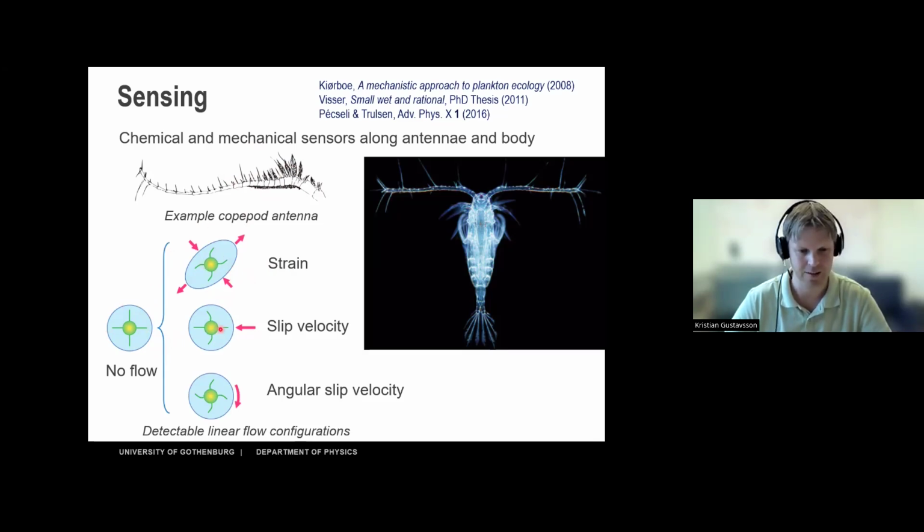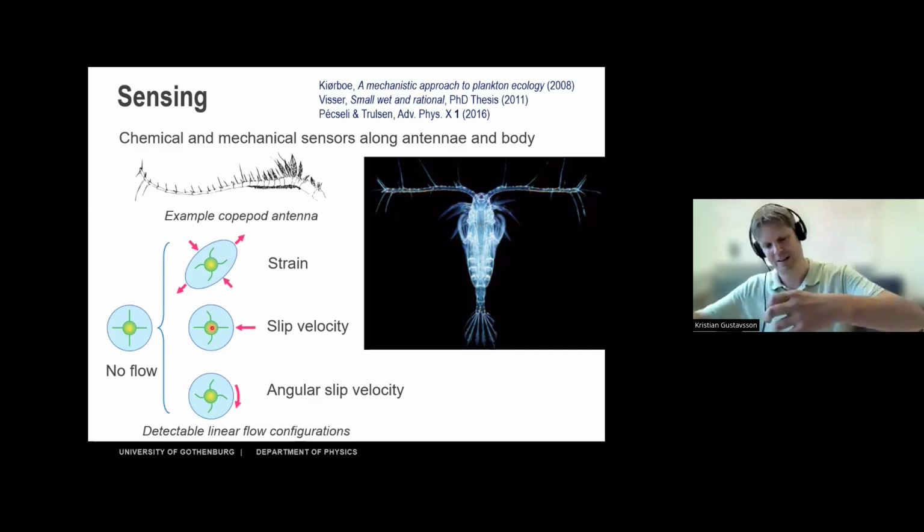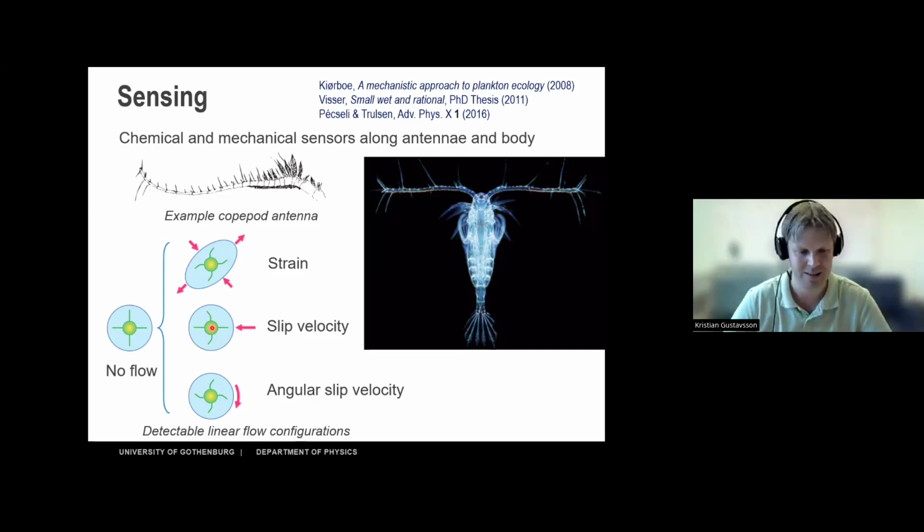And if you have a slip velocity, that's the difference between the flow velocity and the velocity of the copepod, then you will have a different pattern of these setae. You can imagine you move to the right, and then these setae bend. So that's related to the question earlier. They can measure the slip velocity, the difference between their own velocity and the flow velocity, but they can't measure the flow velocity by itself.